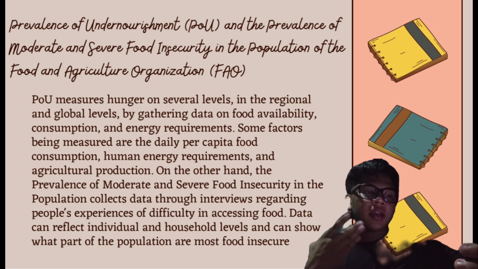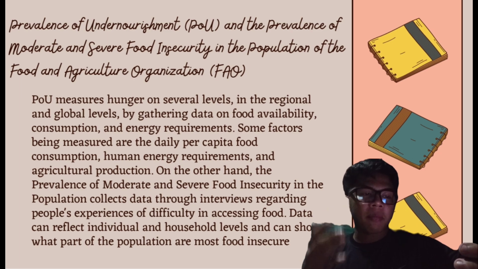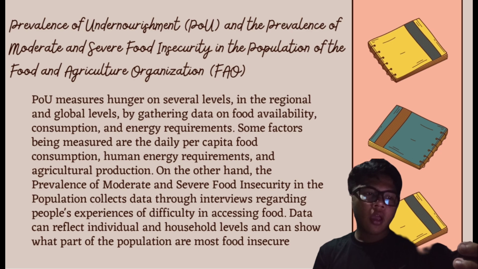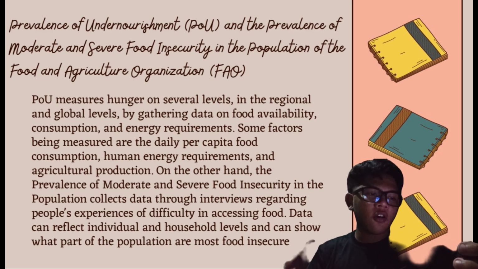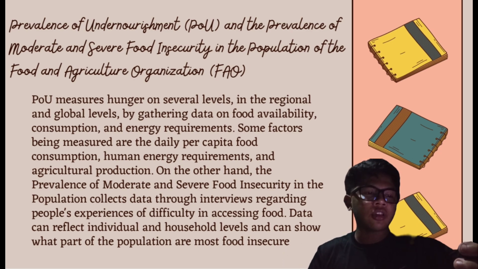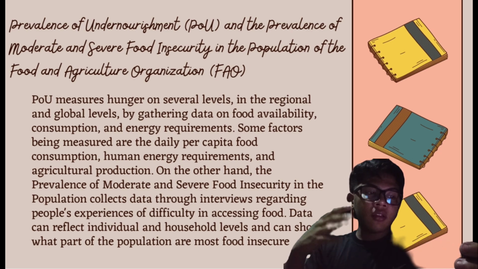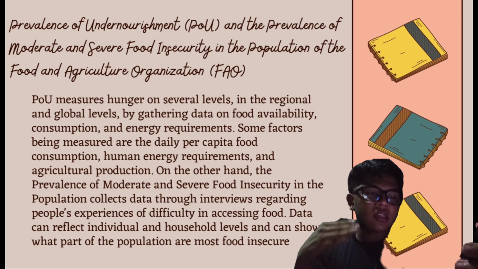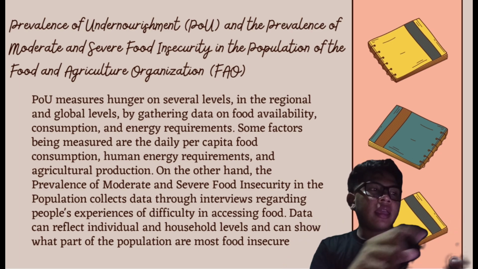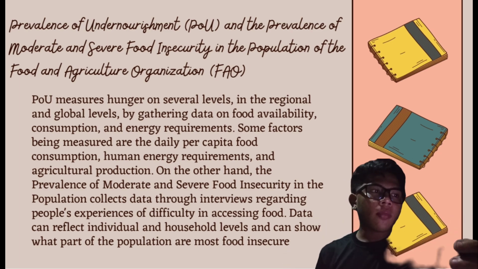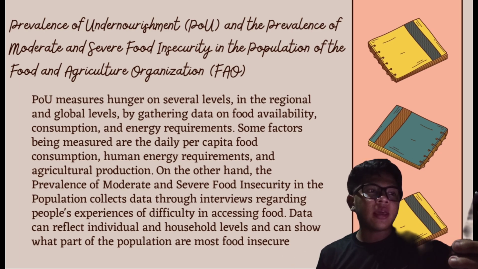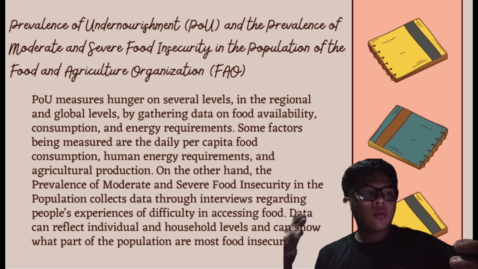Some factors measured are per capita food consumption, human energy requirements, and agricultural production. On the other hand, the prevalence of moderate and severe food insecurity collects data through interviews regarding people's experiences of difficulty in accessing food. Data can reflect individual and household levels and can show which parts of the population are most food insecure.